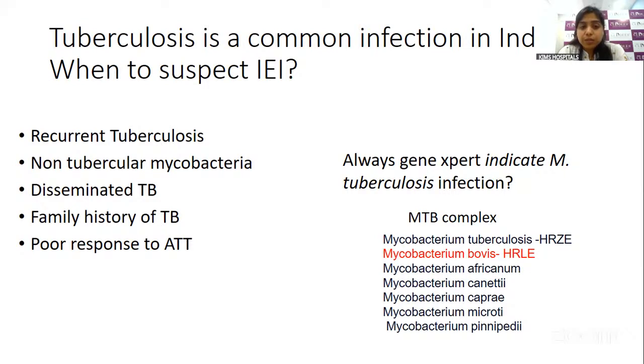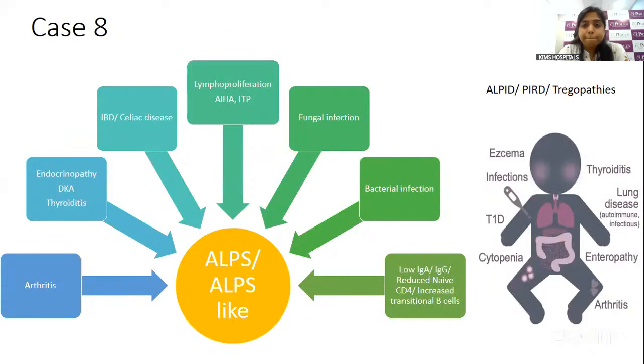So we have to be very careful when a child has a recurrent tuberculosis, or the child has disseminated lymphadenopathy, hepatosplenomegaly, and fever, and you find a GeneXpert positive. That too in a small baby, we have to be aware whether it's bovis or tuberculosis. So coming to the next case.